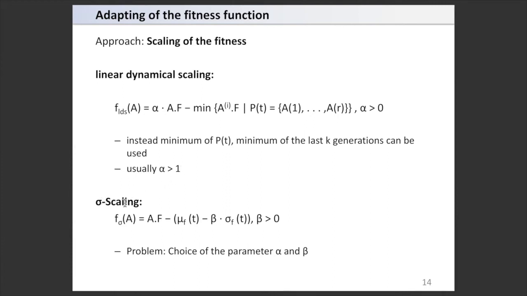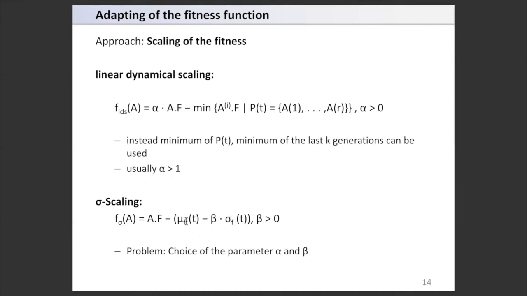In sigma scaling, we are considering the standard deviation of the fitnesses, and the standard deviation of the population is multiplied by beta, and this is subtracted from the mean value of the fitnesses of the population.